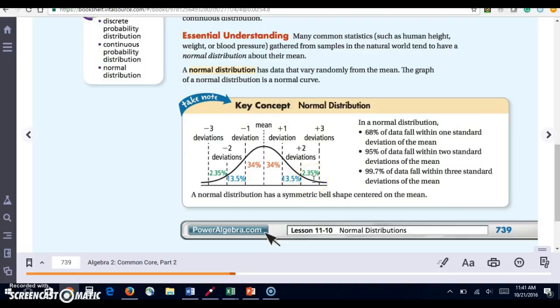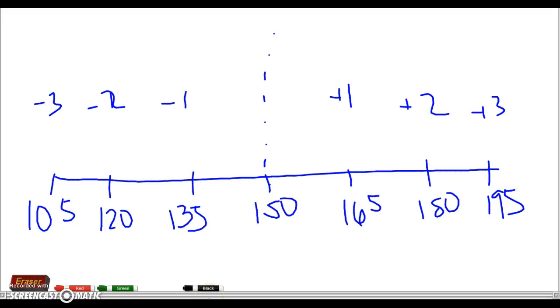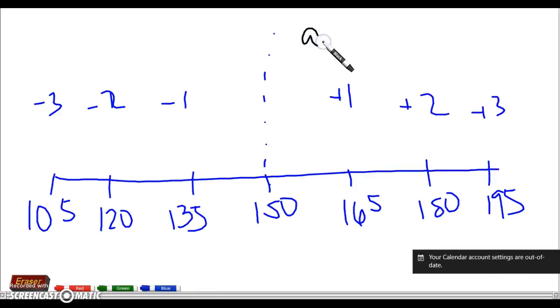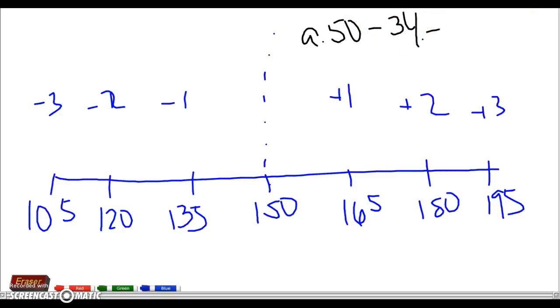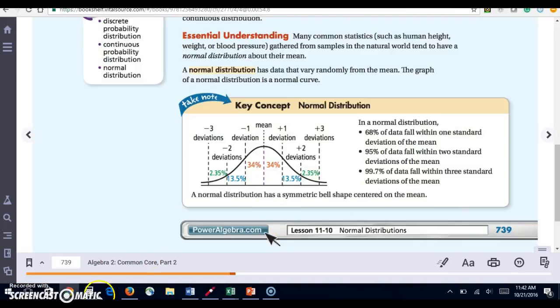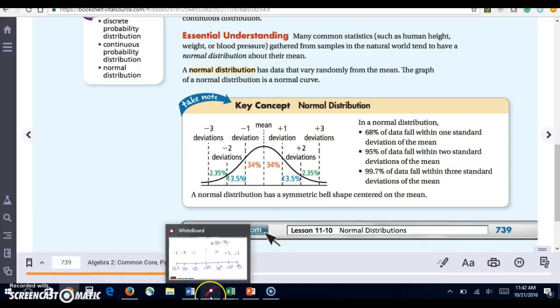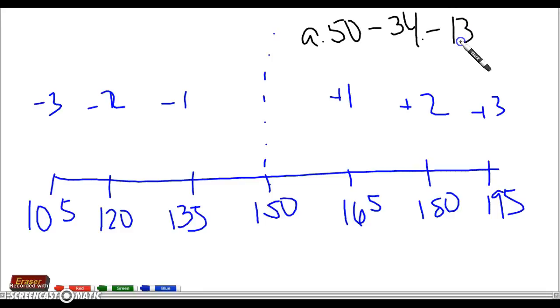So we can try the subtraction method because we can make sure that we have everything included. So that would be for part A right here. A would be this 50% minus 34 minus, I should know this by heart, but I don't, 13.5.